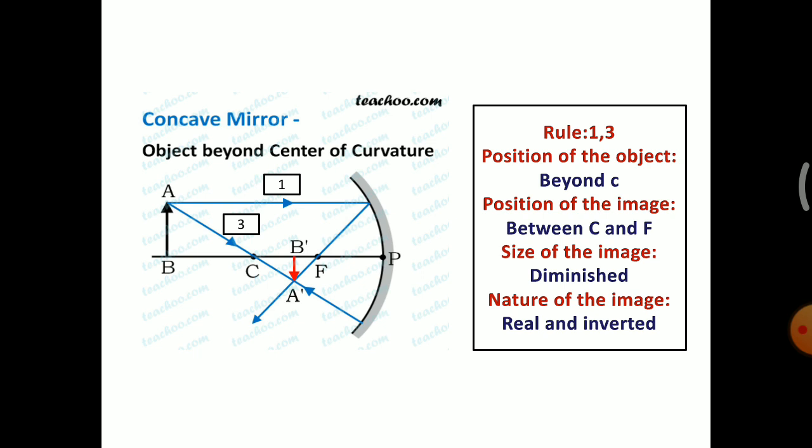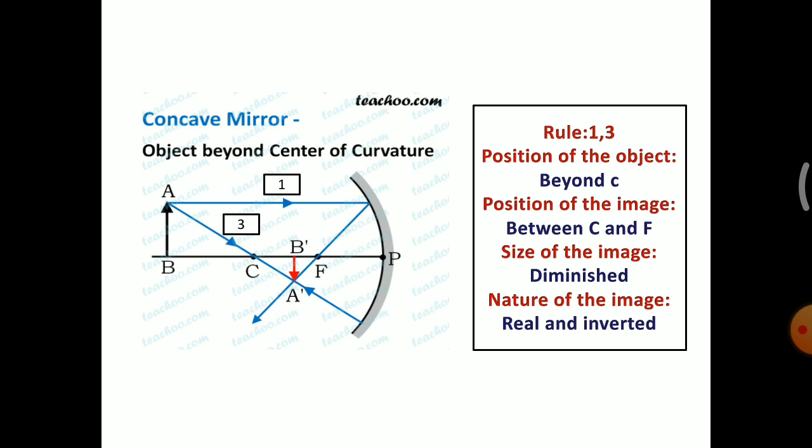So here both the reflected rays meet at a point between F and C. So the image is formed at this point. So we can write the position of the image is between C and F. Here the image is formed below the principal axis.